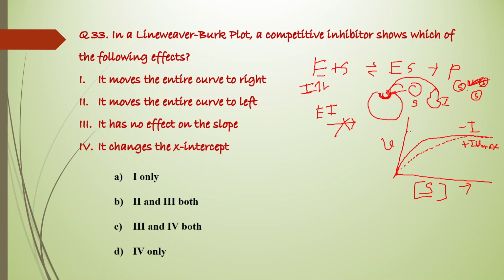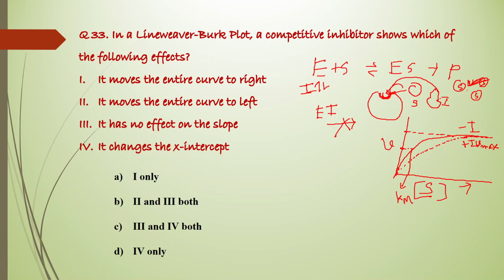Now let us look, this is our Vmax. Without inhibitor, what was the Km value? If this is Vmax, this is Vmax by 2. So without inhibitor, our Km value is this. What will happen with inhibitor?